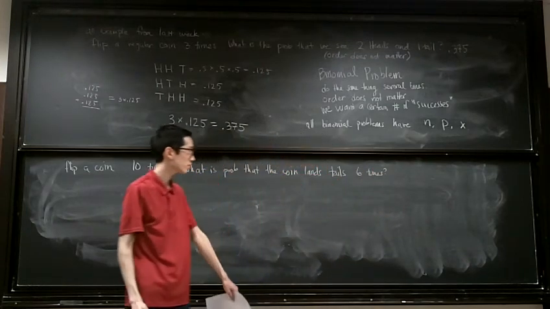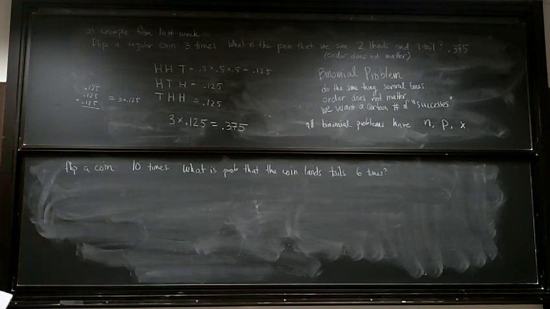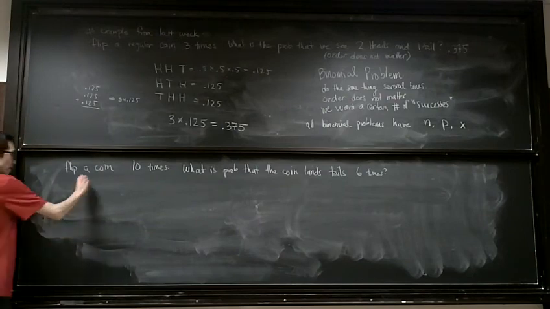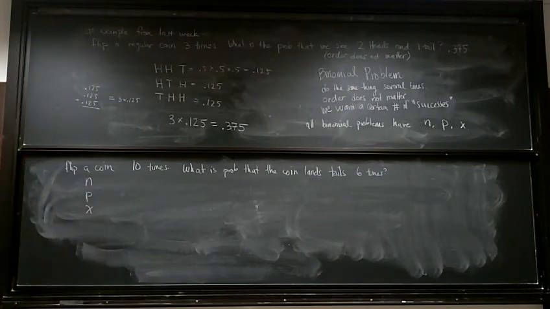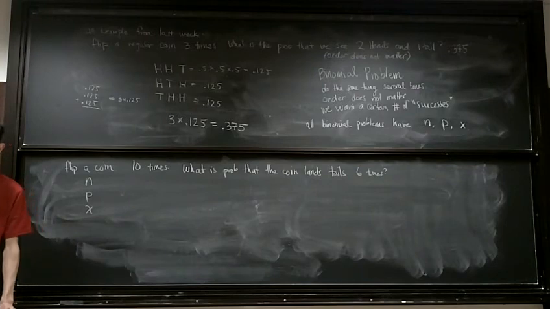The label success is arbitrary. It doesn't matter. So when we have this, remember, figure out your N, your P, and your X, and then go to the table. So think about it for a moment.